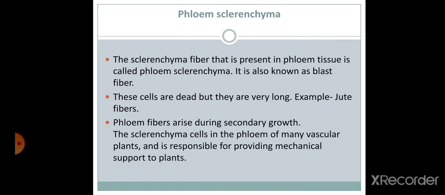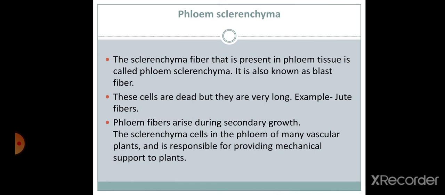These pits may be simple or broader; in phloem sclerenchyma, the pits are broader. The protoplast is lost at maturity and the fibers become dead. These fibers may be septate or aseptate at maturity. They occur in groups and are cylindrical in shape.